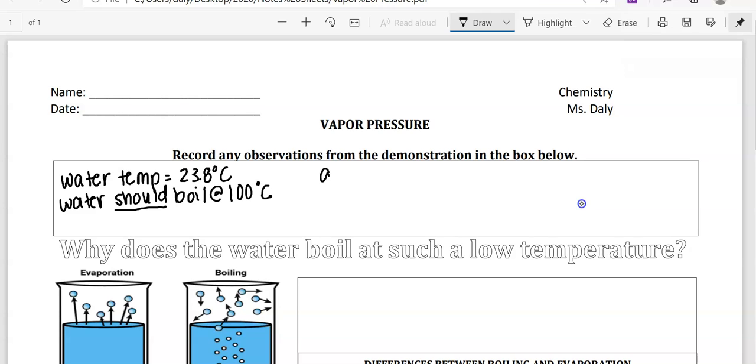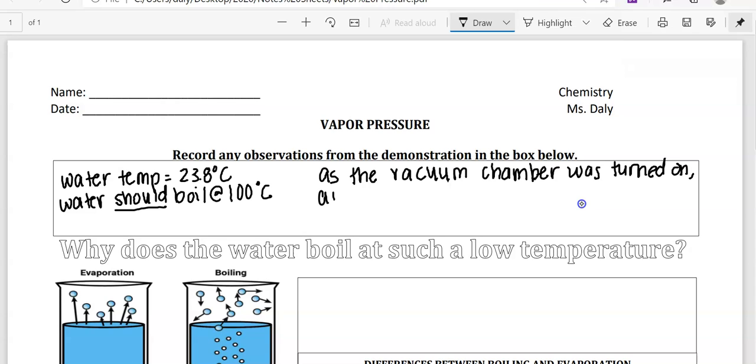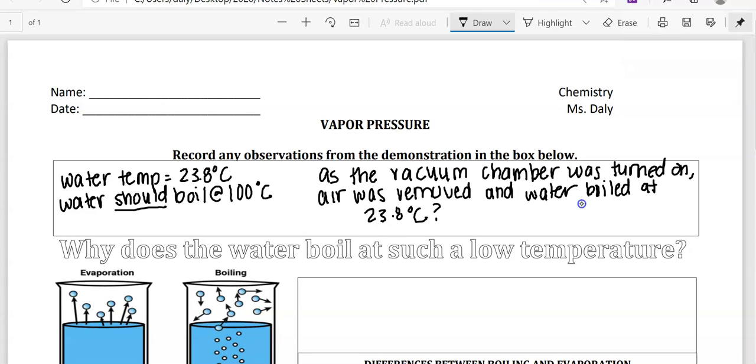As the vacuum chamber was turned on, air was removed, and the water boiled at 23.8 degrees Celsius. And that's kind of crazy, and that should seem a little bit crazy to you because that is a very cold temperature for water to boil.